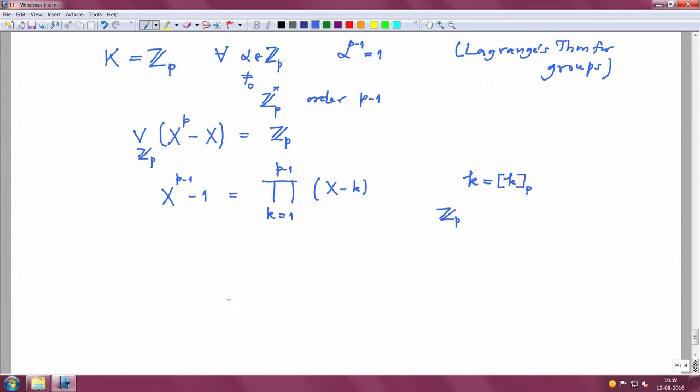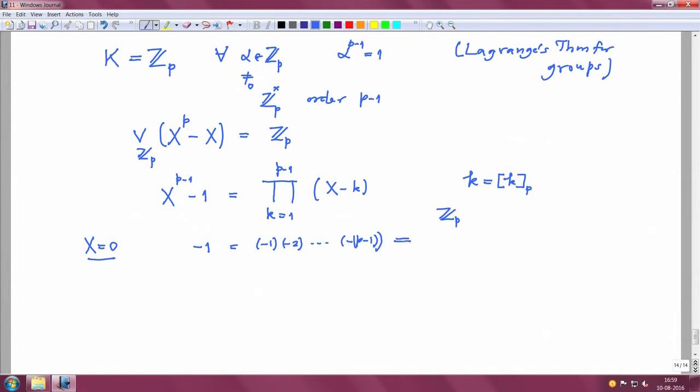In this, if I substitute x equal to 0, what do I get? I get minus 1 on the left, and on the right the product of minus k, so minus 1 times minus 2, and so on till minus (p minus 1).